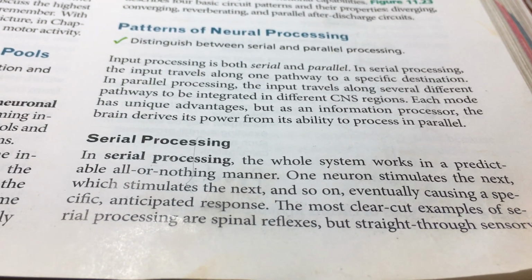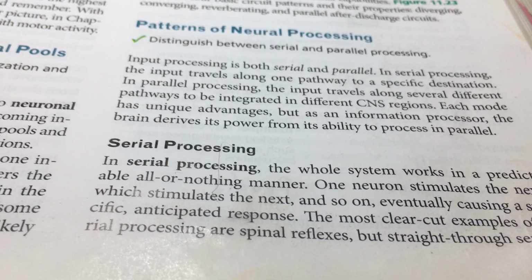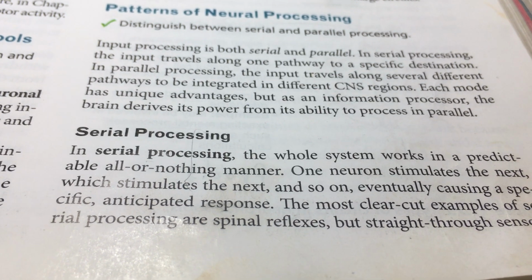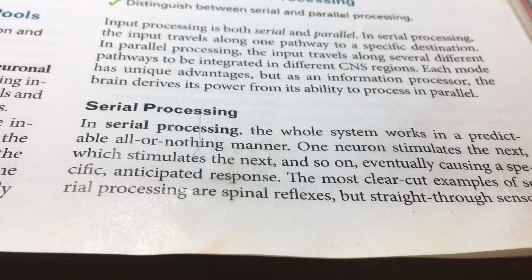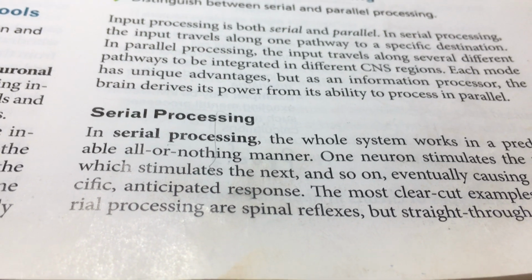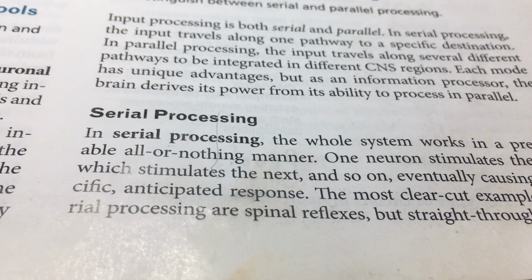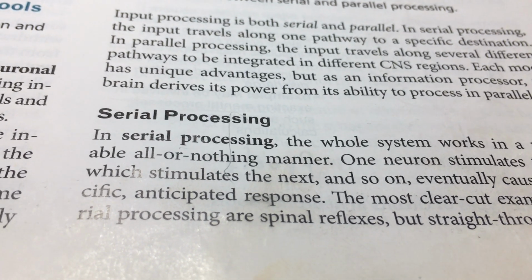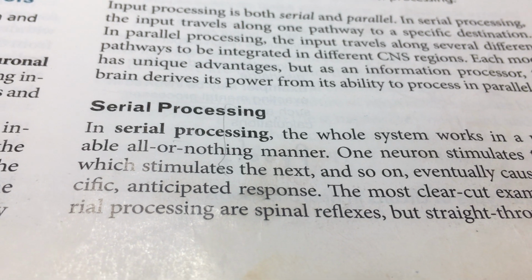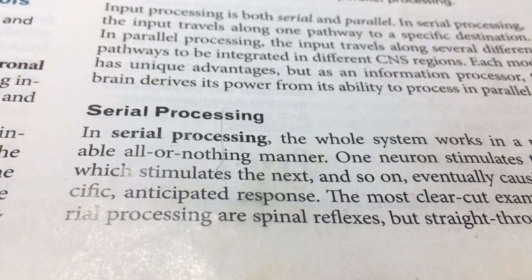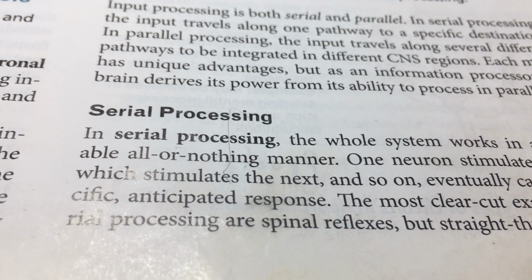We serially process. Our initial exposure to most information we take in a serial processing type of way. Right, so we learn, we repeat, we rehearse the thought process, and there's a beginning, there's premises, and there's conclusions that we come to, and it's a serial processing.